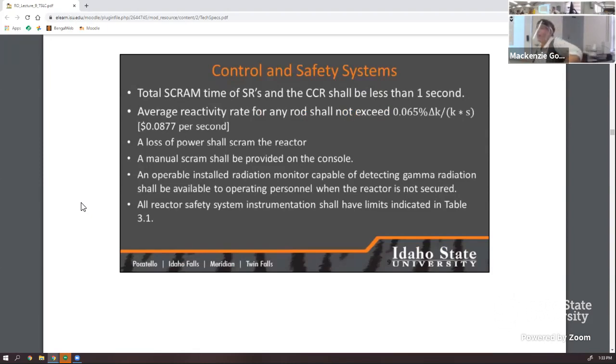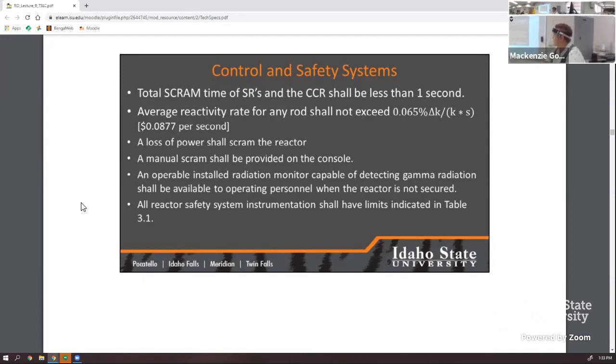Okay. Then the TSRs have some specifications for our different systems, right? It tells you how fast they have to scram in order to keep that power from rising if we happen to get supercritical at a level we don't want. It's controlling how much reactivity is in each rod.